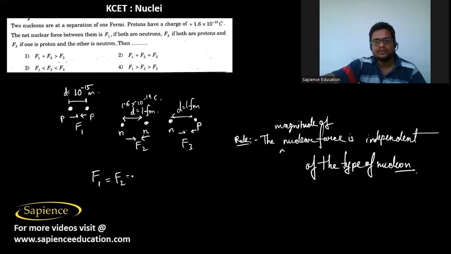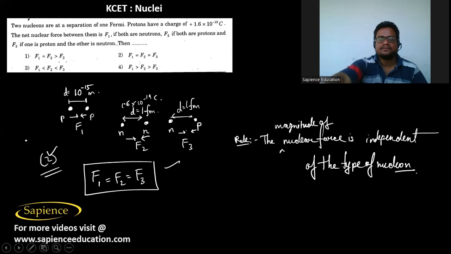F1 is equal to F2 is equal to F3, so all three will be the same. So option 2 is the correct answer.